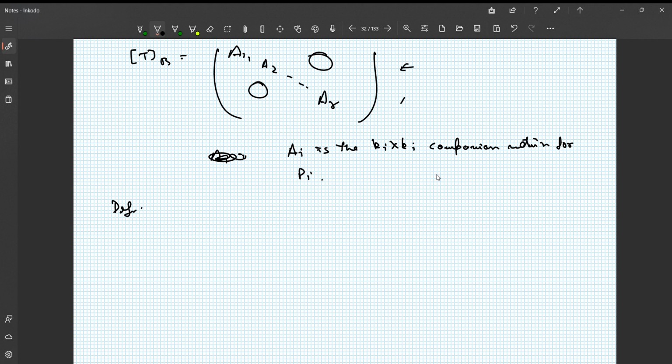Now let me give the definition. This sort of representation is called a direct sum of matrices. When you have a matrix given in a block diagonal form of this form, it is called a direct sum of these individual blocks.